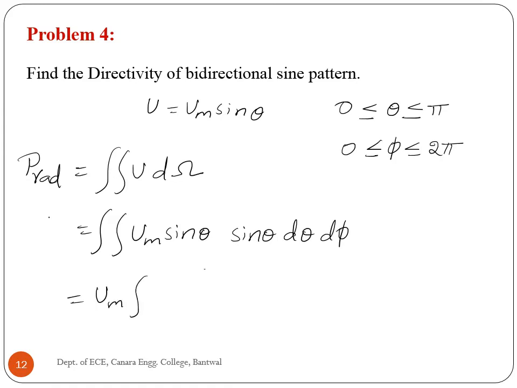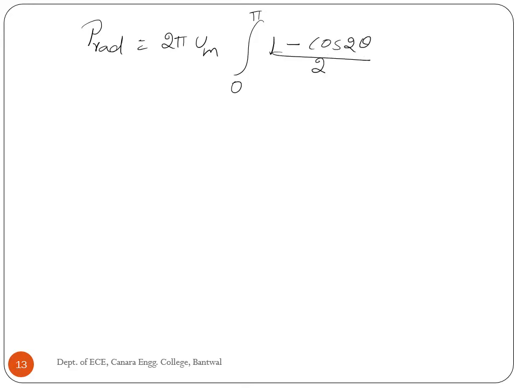So the integral of d phi, with phi from 0 to 2 pi, times the integral of sin theta into sin theta, that is sin square theta d theta, theta from 0 to pi. Radiated power is equal to 2 pi Um, integral of (1 minus cos 2 theta) divided by 2 d theta, which is equal to 2 pi Um by 2.